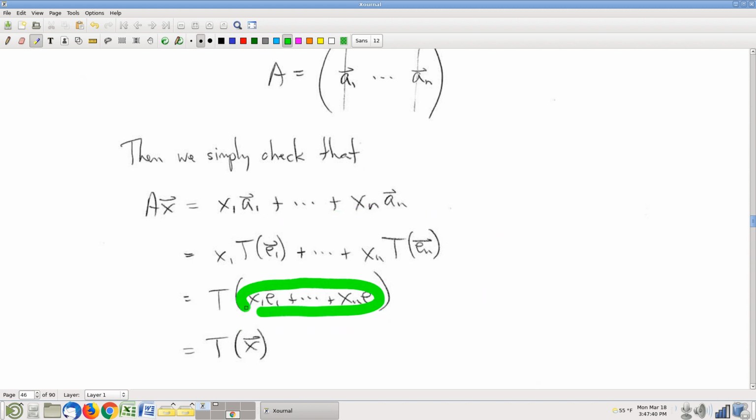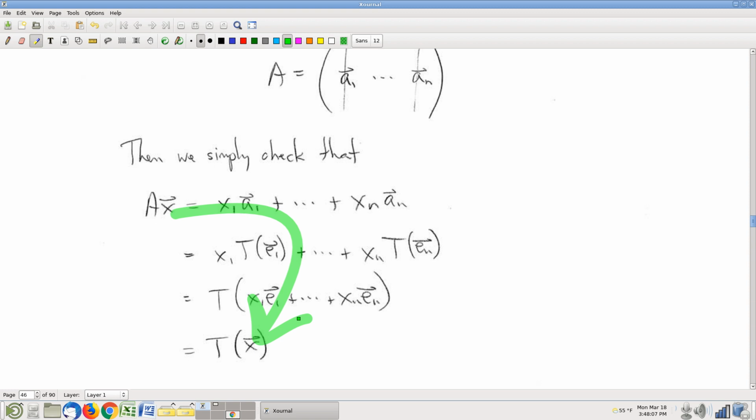That thing, this is the vector that's a linear combination of the standard basis vectors where x1 through xn are the coefficients in the linear combination. That is the x vector, as we observed again way long ago. In fact, that's a Math 212 observation. So, as required, done.